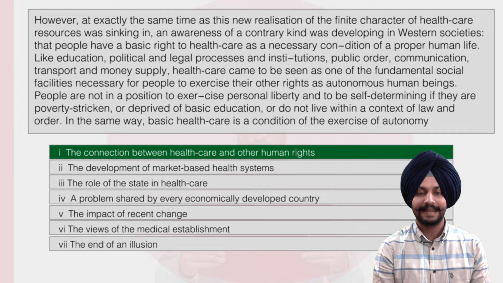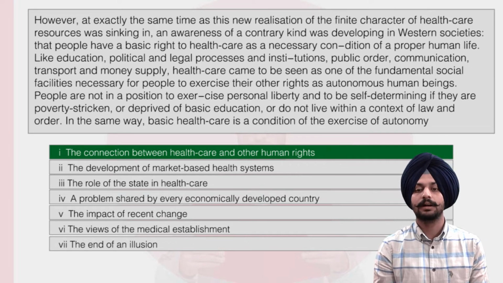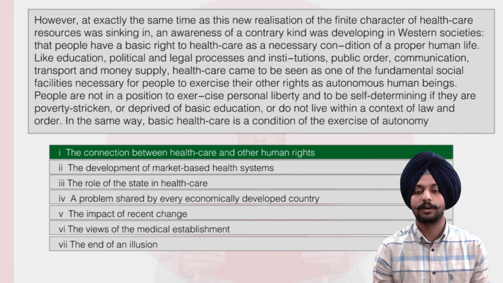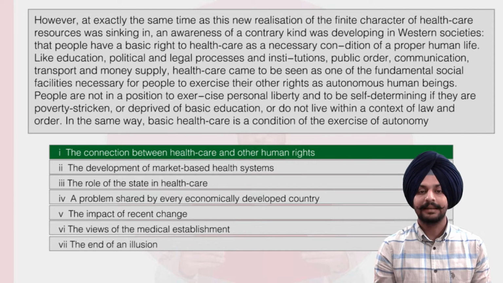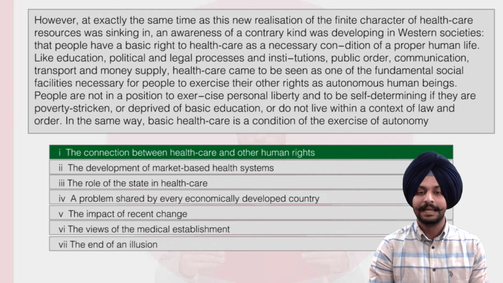So we are left with the first one, which is the connection between healthcare and other human rights. So yes, as you can see, they have linked healthcare to the autonomy of human beings and the other human rights. And the other human rights they are talking about are education, political and legal processes, institutions, public order, communication, transport, and money supply.